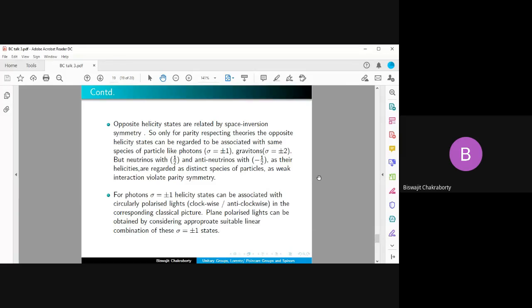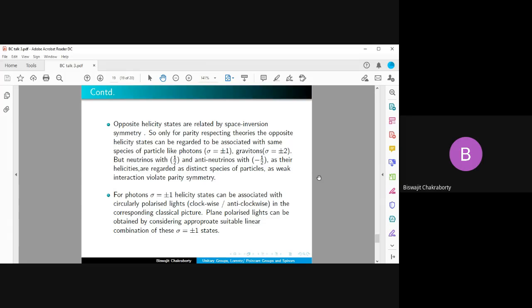The way we constructed the Dirac equation, we enlarged the group by including parity to provide an irreducible representation of the Lorentz group enlarged by incorporation of parity. Here also you can do a similar thing. The symmetry is much bigger. So invoking parity, you can go from a plus helicity state to a minus helicity state and vice versa. So they are regarded as the same species of particle.